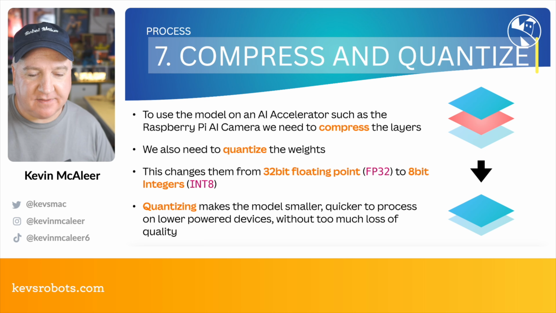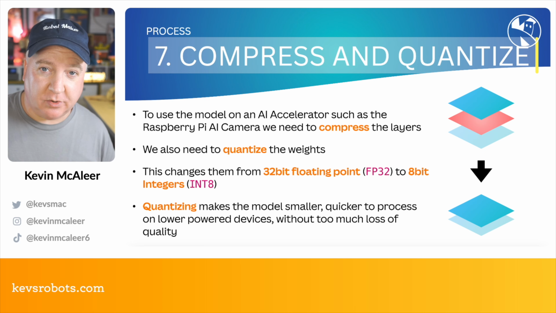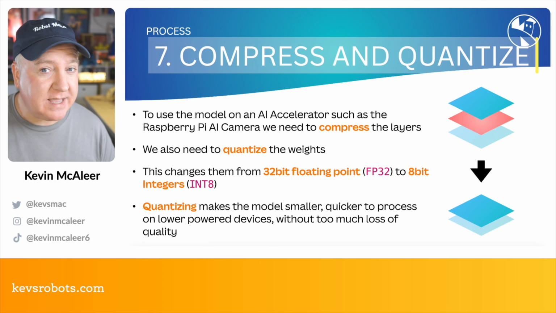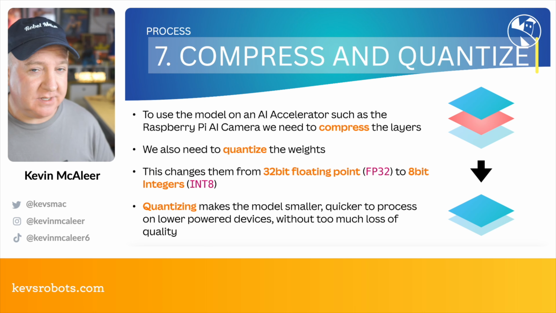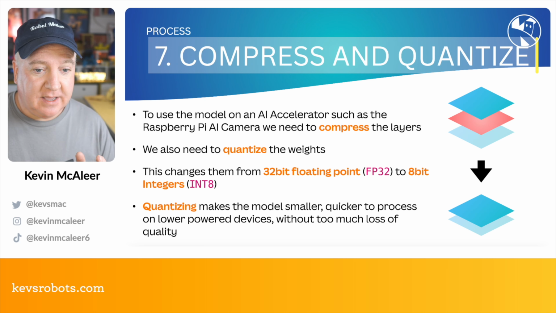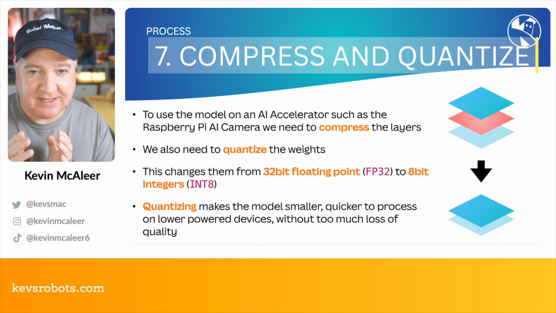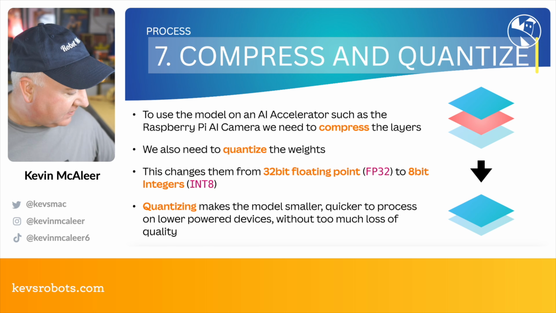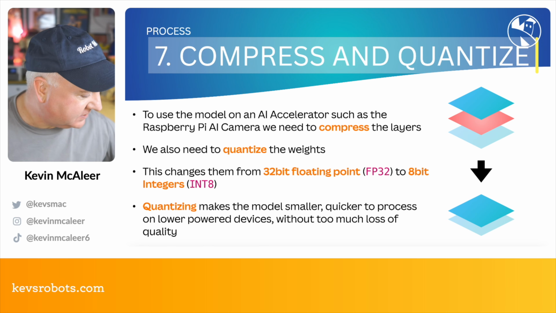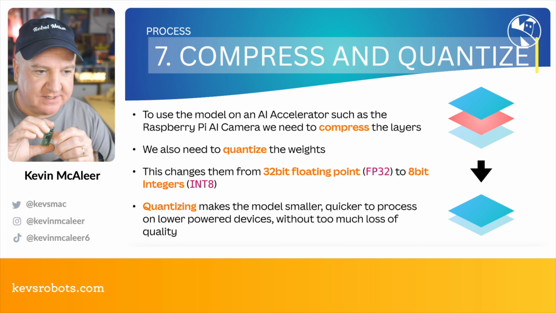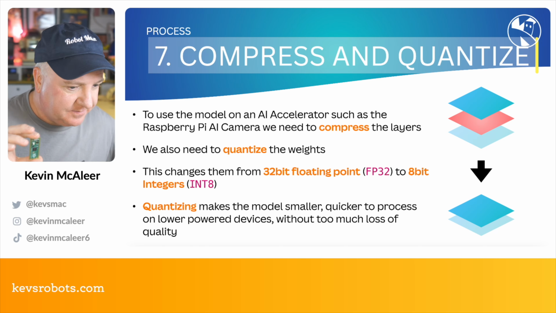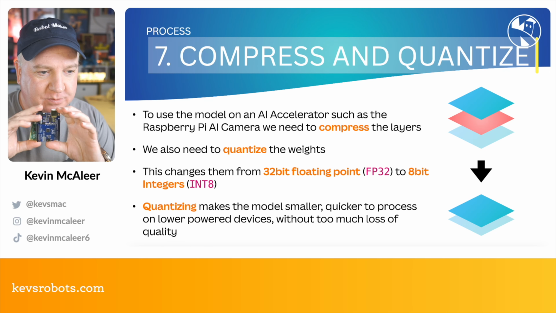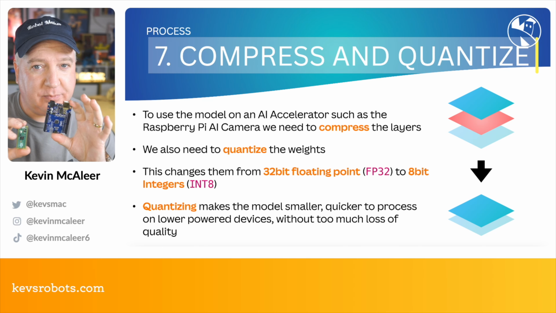Quantizing is where we take the actual values that are stored in the model. The model is essentially just a whole bunch of weights, and these weights are stored as 32-bit floating point numbers, so they're very large numbers. And what we want to do is squash them down into an 8-bit number. So if you think about your microcontrollers, if I pick up this microcontroller here, for example, this has got a 32-bit processor on it. If I grab the Arduino Uno clone that I've got here, this is an 8-bit processor.